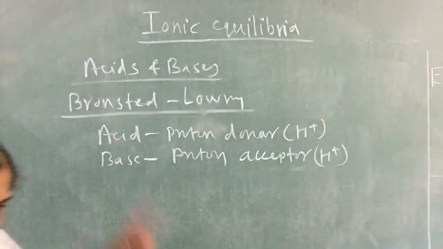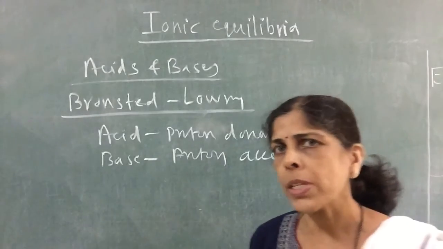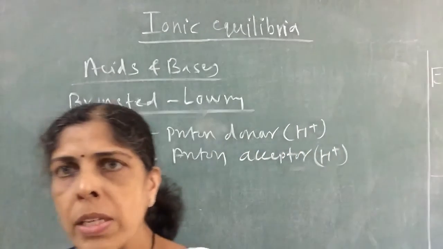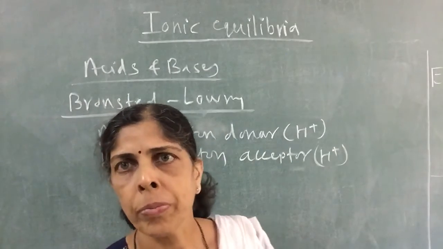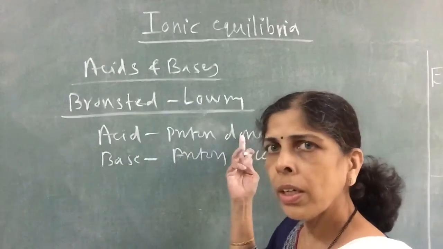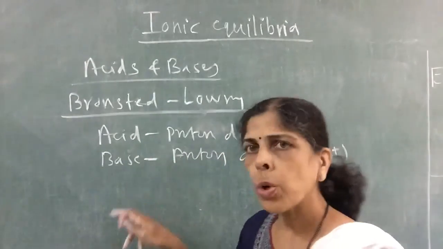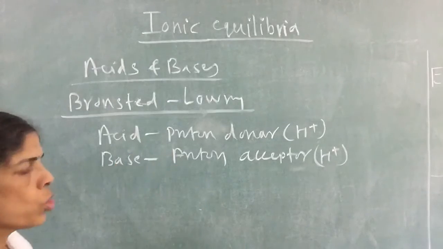According to Arrhenius theory, acid is the substance which gives H plus ion in aqueous solution, and base is the substance which gives OH minus ion in aqueous solution. According to Lowry-Bronsted theory, acid is proton donor, but base is proton acceptor, not necessarily in aqueous solution.